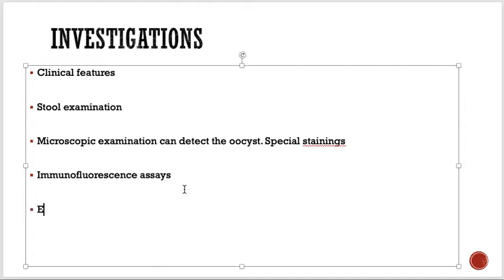ELISA can be performed, guys, for antigen detection, or nowadays they also have immunochromatographic kits to detect these things. Many companies are making these immunochromatographic kits, and they have very good sensitivity and very good specificity. So these things can be used.